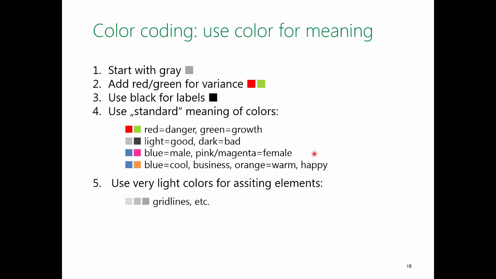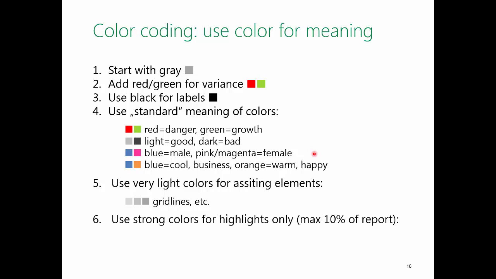And finally, for everything else, like assisting elements, grid lines in a table or in a chart, or backgrounds, use very light colors. This in turn means that you should use strong colors only for highlighting. For example, you can use blue or orange. Orange is a good color for highlighting because it's very bright and very visible, and also strong tones of blue.